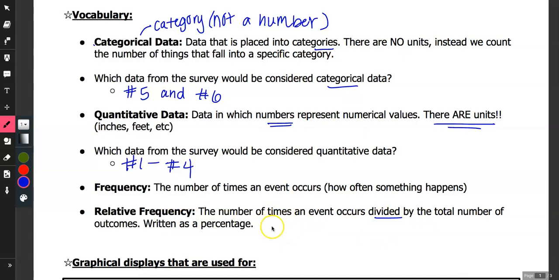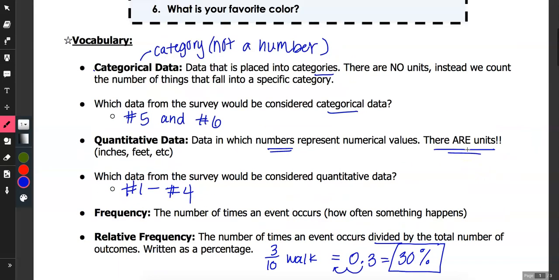Let's say, for example, 3 out of the 10 of you walk to school. That means 3 divided by 10, 0.3, but as a percentage, we move the decimal point 2 places to the right, so 30% of you walk to school. That's our relative frequency, okay?